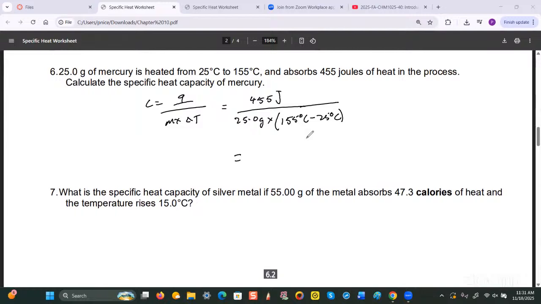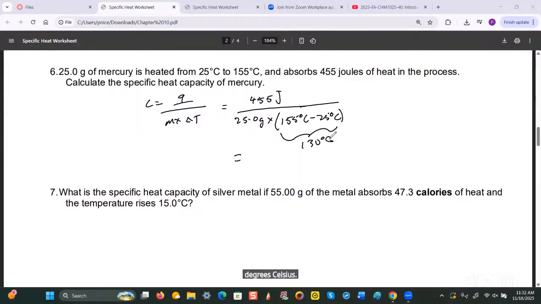6.25. I'm sorry? Oh, no, this is just the number of the question. It's 25 grams. Okay, so this part here works out to be 130 degrees Celsius.